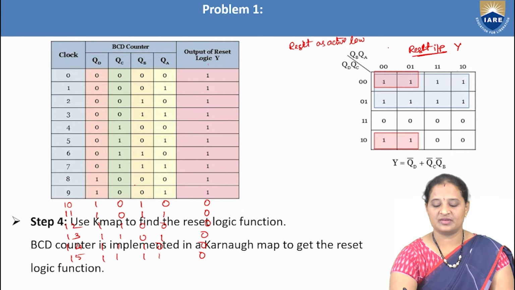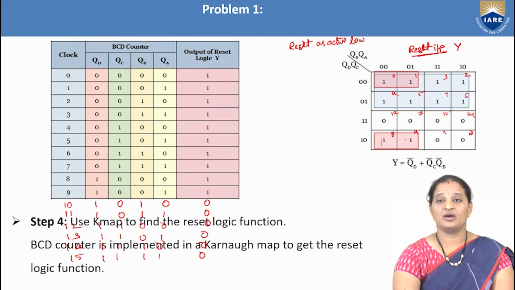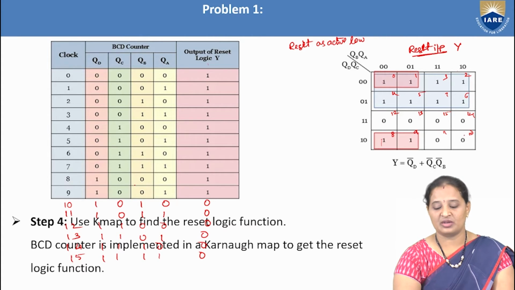So the cells are 0, 1, 3, 2, 4, 5, 7, 6, and 8, 9, 11, 10, 12, 13, 15, 14. Up to 0 to 9, the reset function is 1. Next, for the remaining 6 combinations, 10 to 15, that is 10, 11, 12, 13, 15, 14, it is marked as 0.